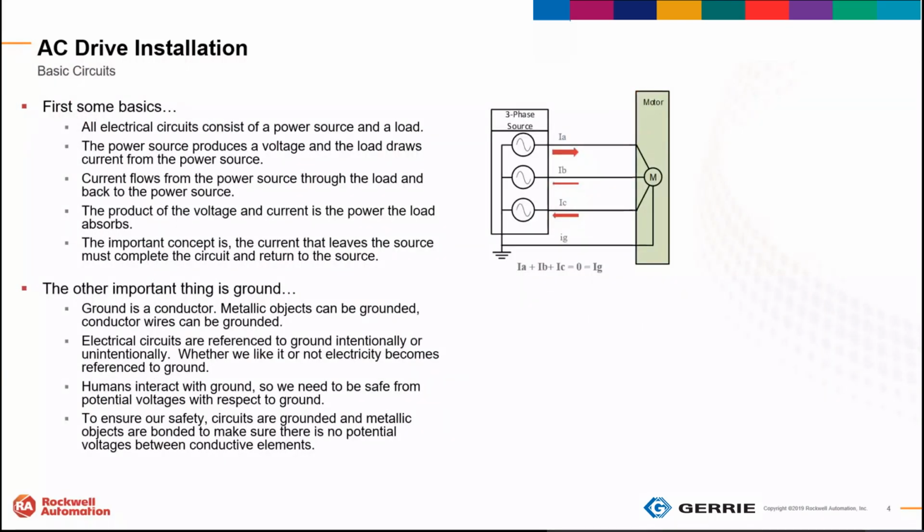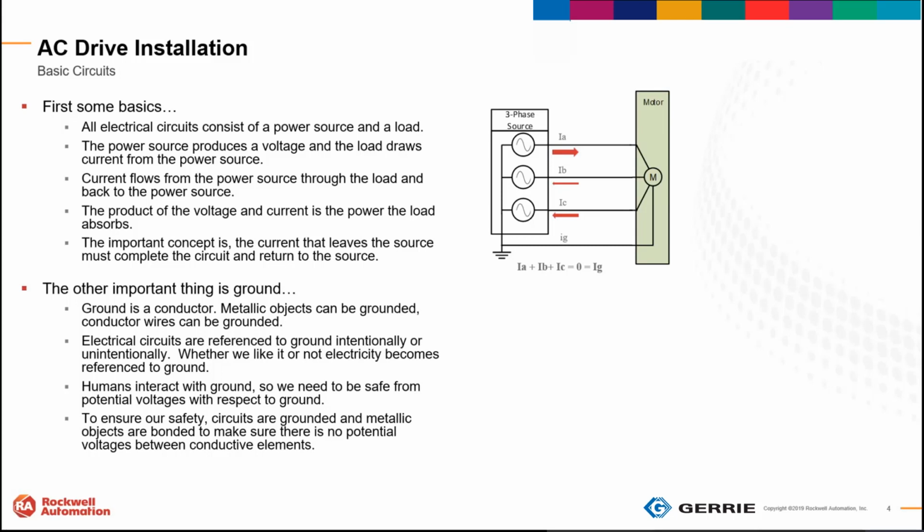So for some basics, I know a lot of us on the line already know this, but sometimes it's good to go over it again. All electrical circuits consist of the power source and load. The power source produces voltage, and the load draws current from the power source. Current flows from the source through the load and back to the power source.